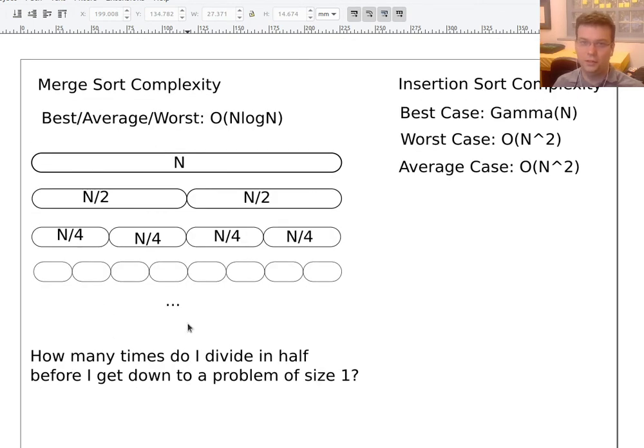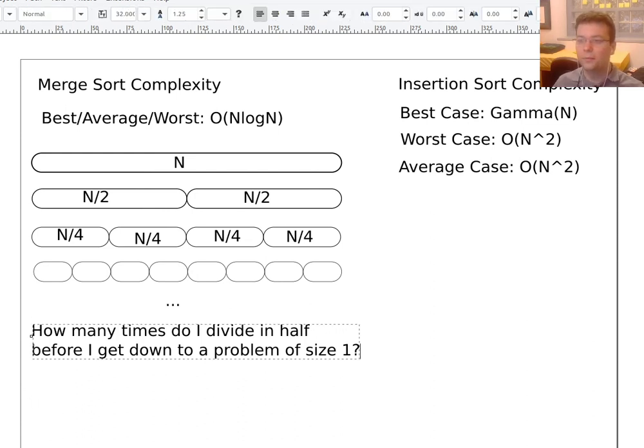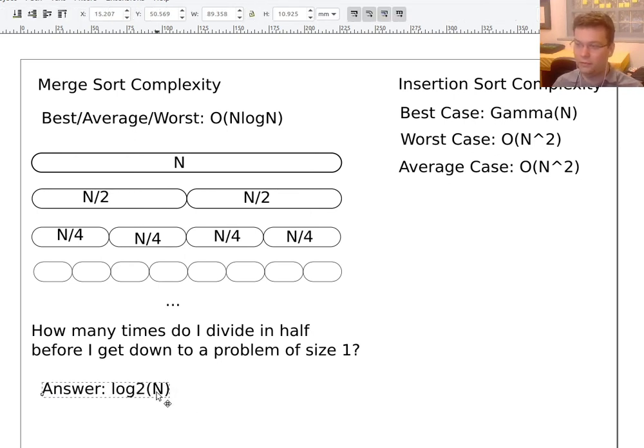Well, that's just the log base 2 of n, right? So the answer is log base 2 of n. That tells me how many times I have to halve n before I get to 1. That's a different way of saying how many factors of 2 are there in n.